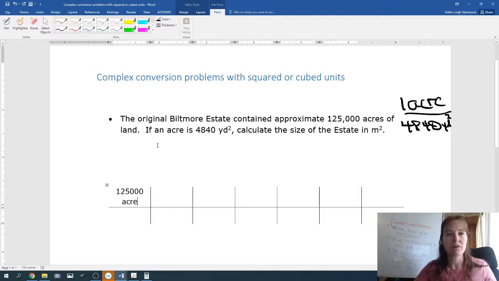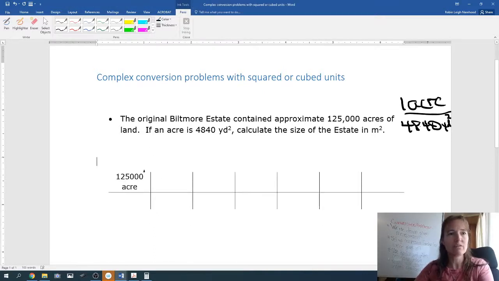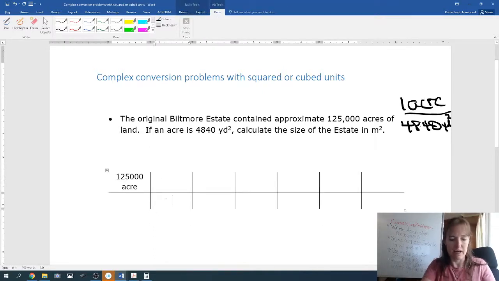Our first conversion factor will involve getting rid of acres, and the conversion factor that I just wrote down has acres. Whenever you have a unit you want to get rid of and you were given a conversion factor with that same unit, that is when you use it.